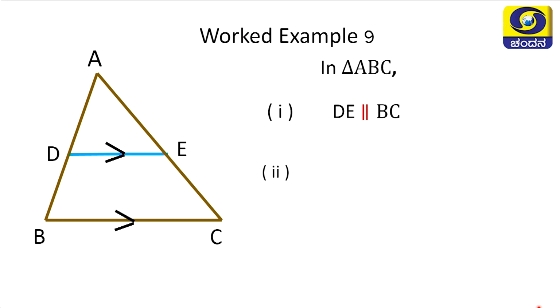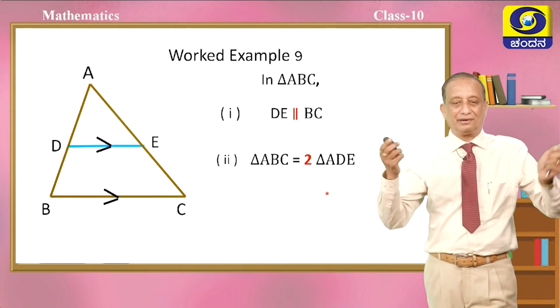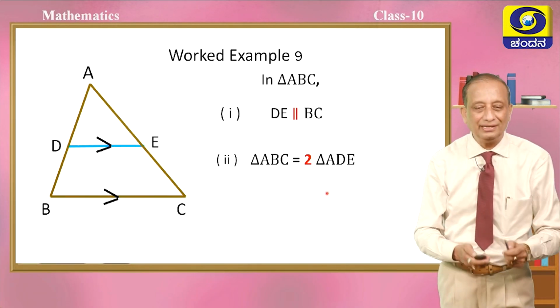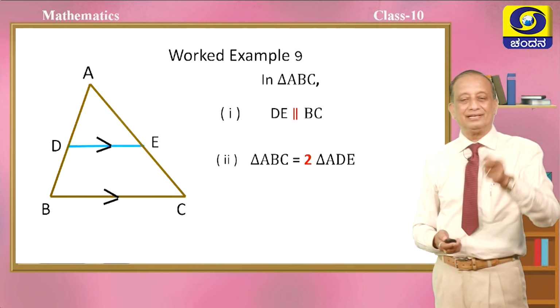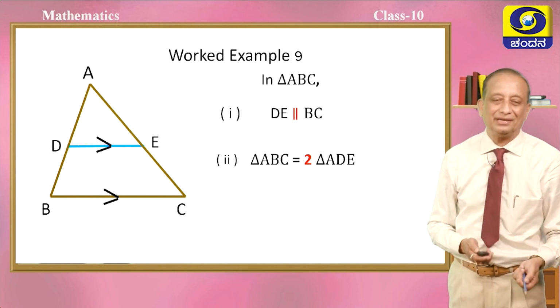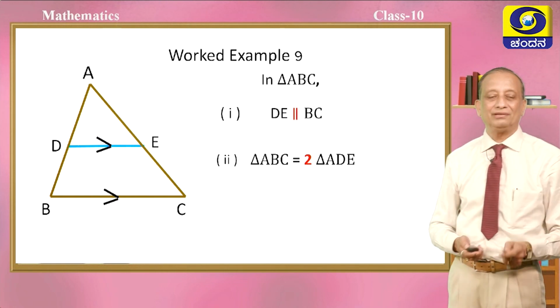We have to draw DE in such a way that the area of triangle ABC is exactly double the area of triangle ADE. We cannot draw anywhere we like. We have to draw in such a way that the area of triangle ABC is twice the area of triangle ADE.